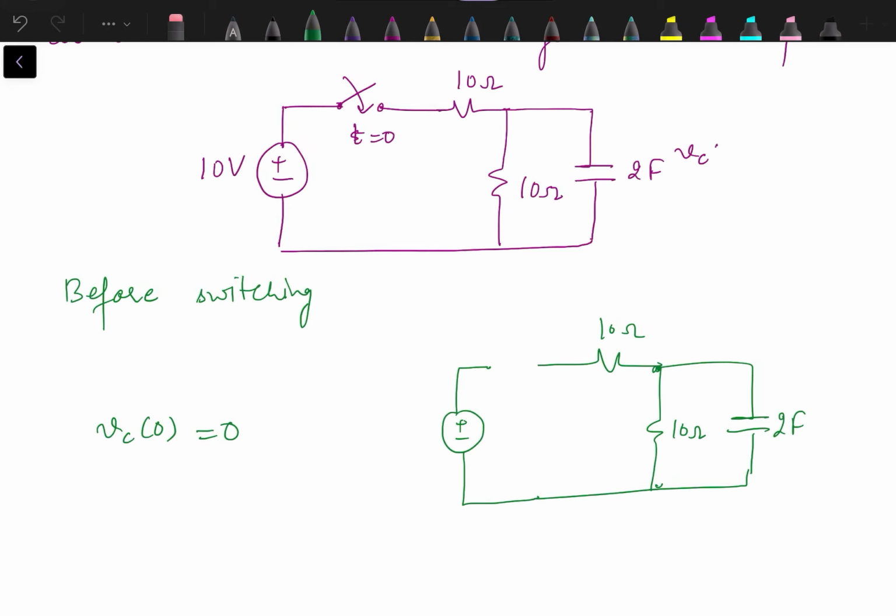Next step is we need to calculate the voltage across the capacitor after closing the switch and when the steady state conditions have been achieved.